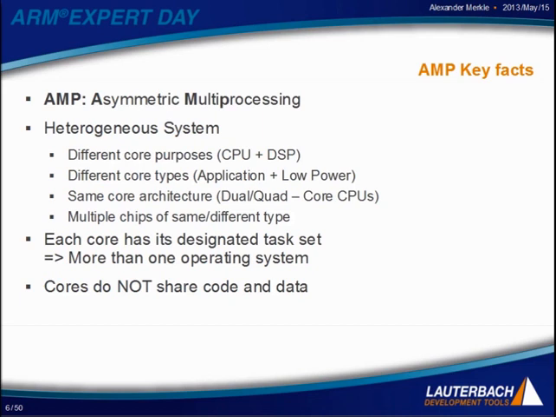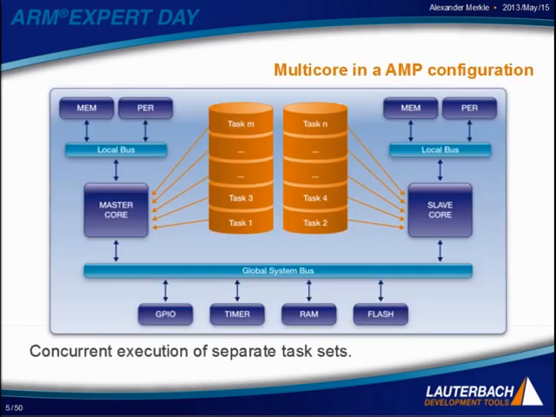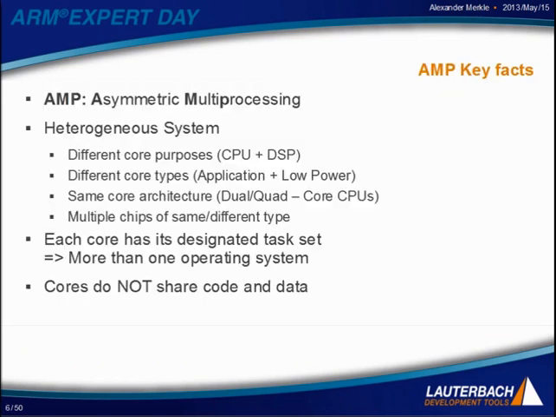We also might have multiple chips. On the last slide, I can cut this in the middle, and this would be our shared bus on the printed circuit board. On the left-hand side, we have chip 1. On the right-hand side, we have chip 2. So AMP debugging could also be done across multiple chips.